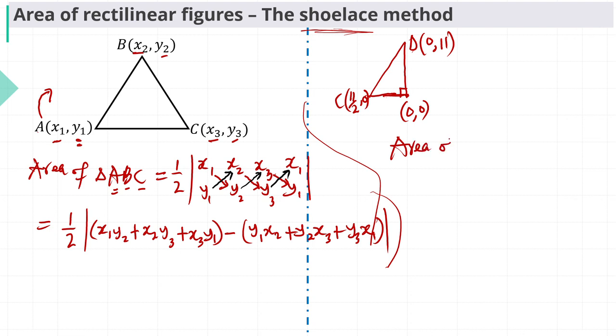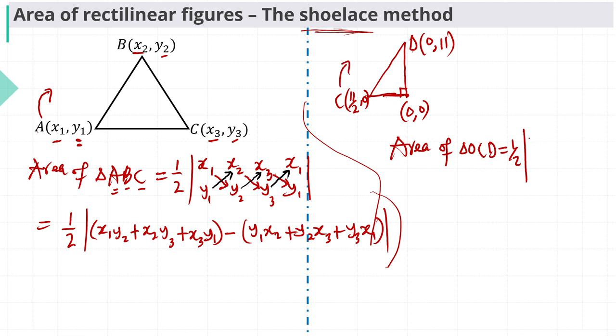Area of triangle OCD equals half multiply absolute of, go in one sense of direction.